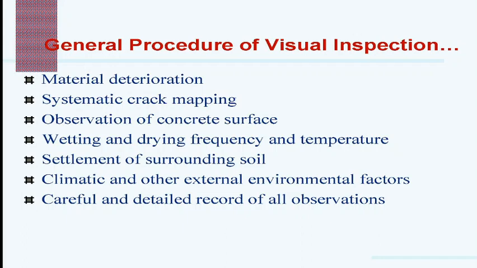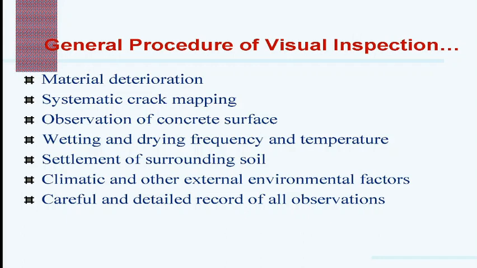For example, in marine structures or structures constructed near the sea, it is important to identify the splash zone, where the settlement of surrounding soil or geotechnical failure needs to be recorded.